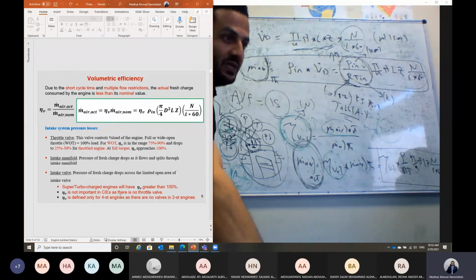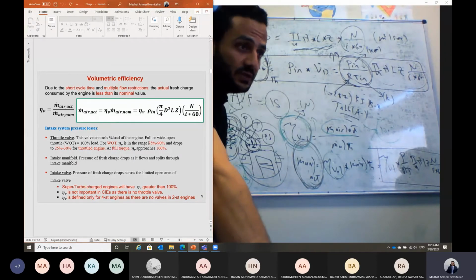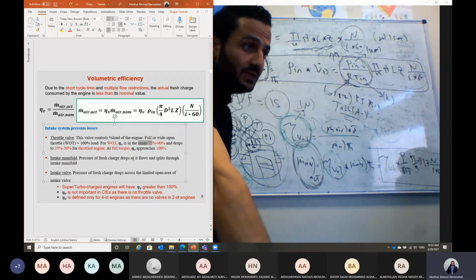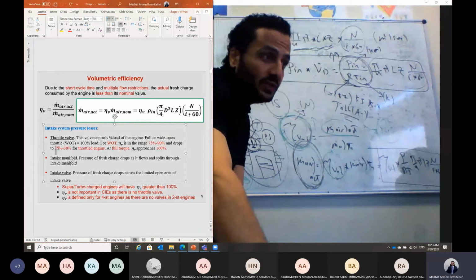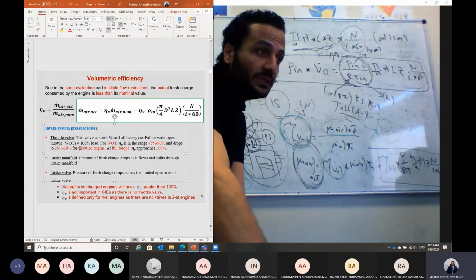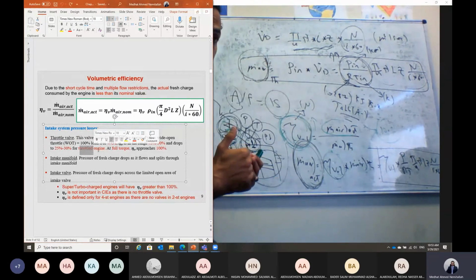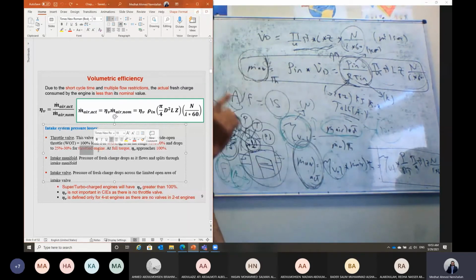And usually, guys, for wide open throttle under normal conditions, the efficiency can approach about 75 up to 90%. And this efficiency can drop down to about 25% to 30% when we have engine throttling at part load. So at part load in your car, you can imagine that the actual flow rate is only 1/4 of the theoretical flow rate.